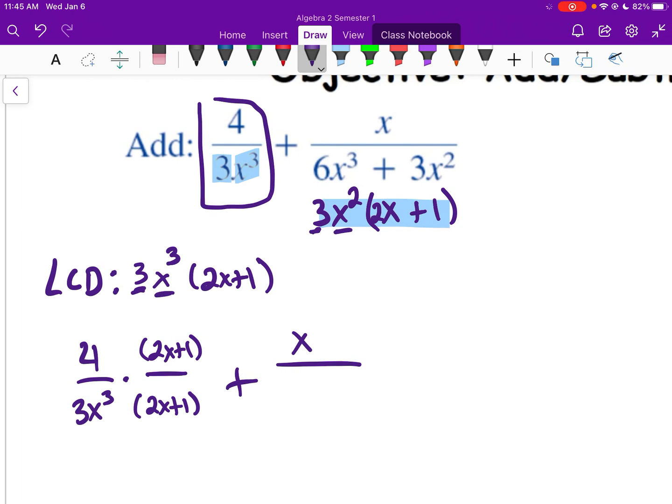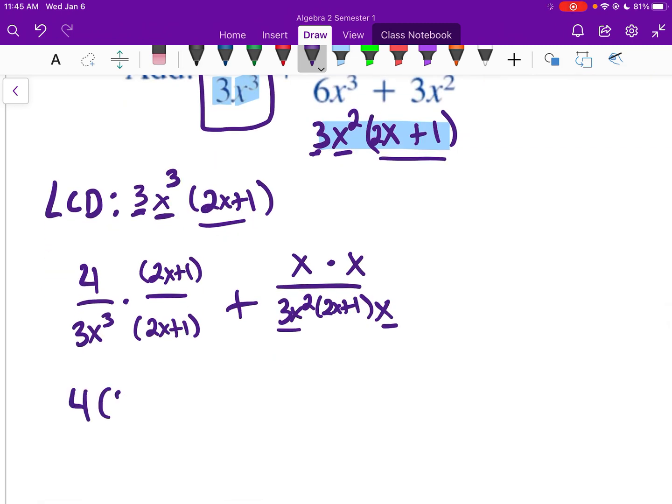I have 2 x's, so therefore I need to multiply by x. And I have the 2x plus 1. So therefore, when I multiply that denominator, that's going to get me to have a common denominator, because then that's 3x cubed there.